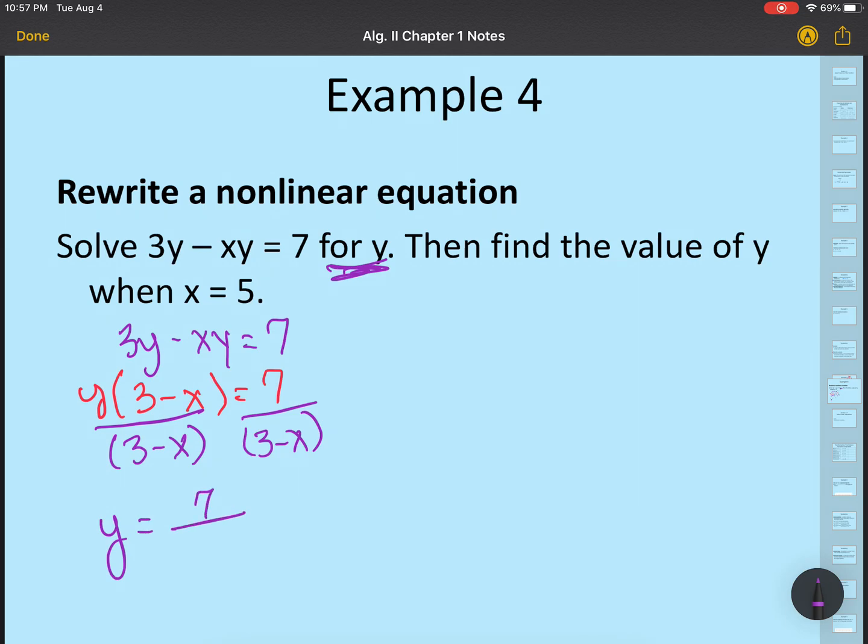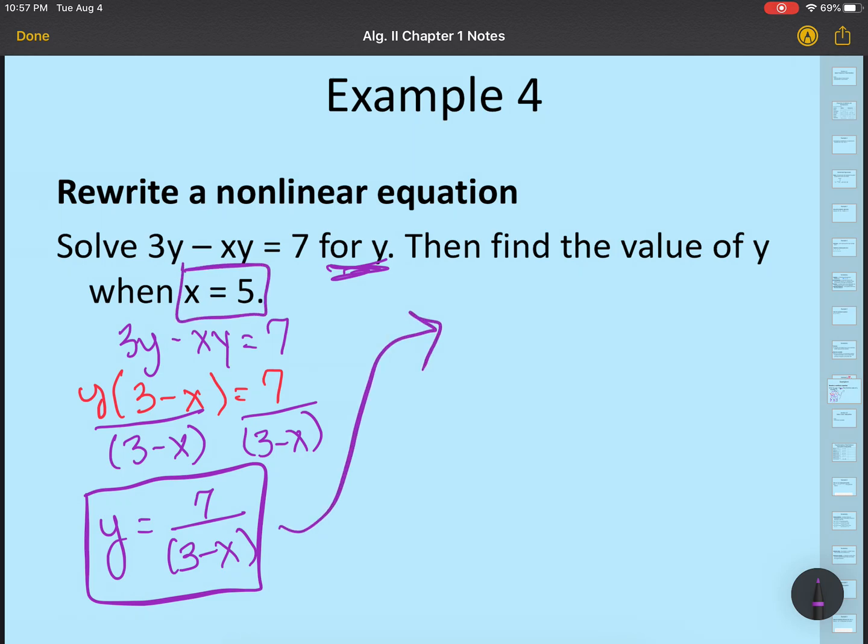So here's going to be our rewritten equation: y equals 7 over the quantity 3 minus x. Then part 2 tells me again, okay, plug 5 in for x.